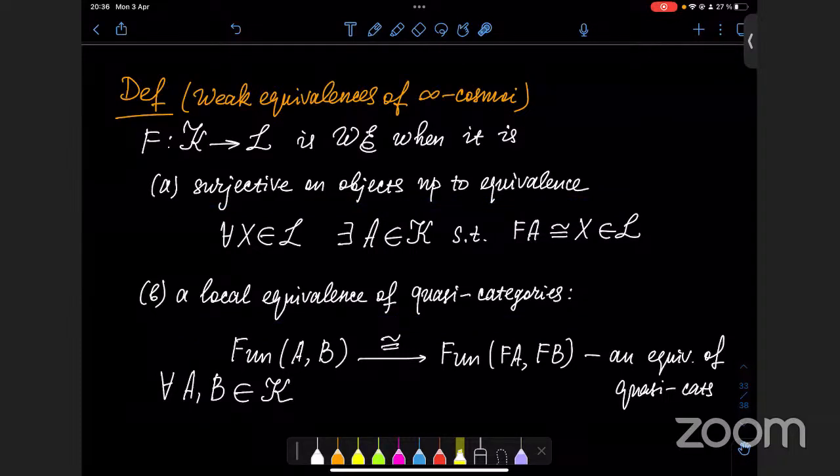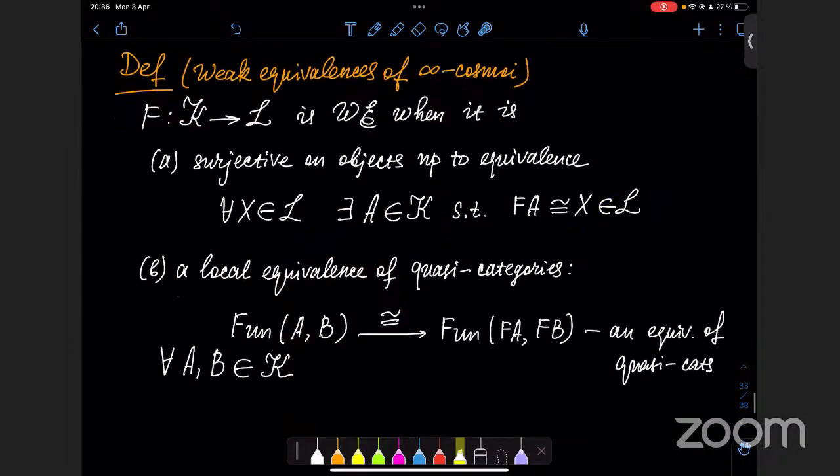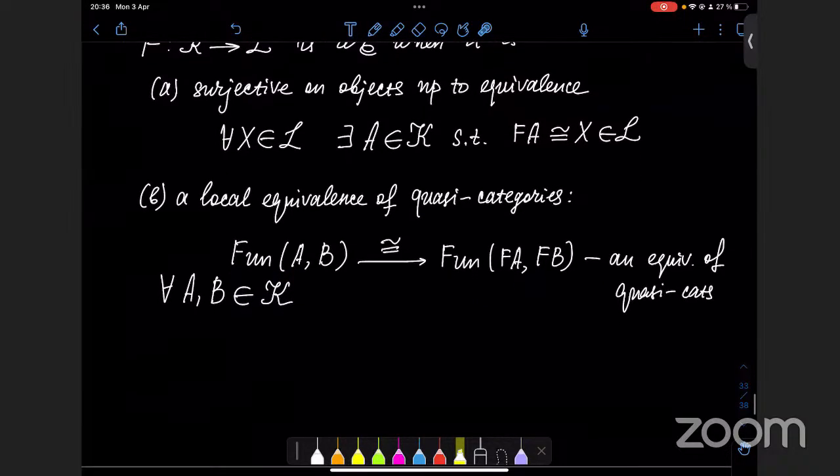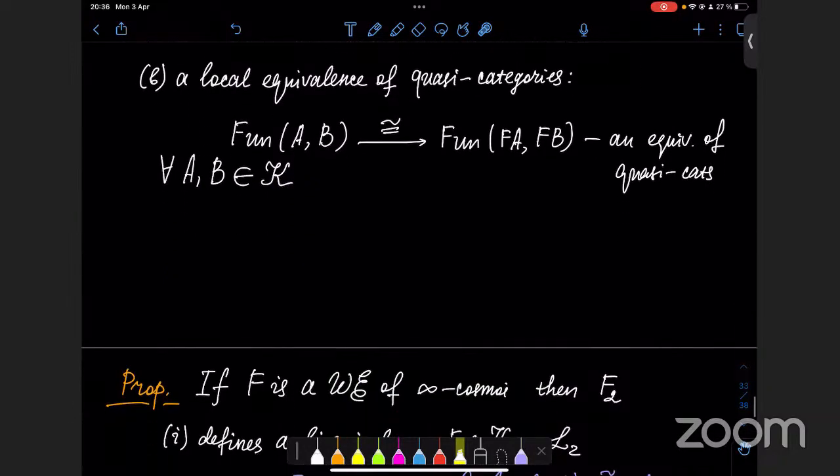The first condition means that for any object X, there exists an object A such that we have an isomorphism in the category L. The second one means that we have an equivalence between these quasi-categories for any objects A and B from the infinity cosmos K.